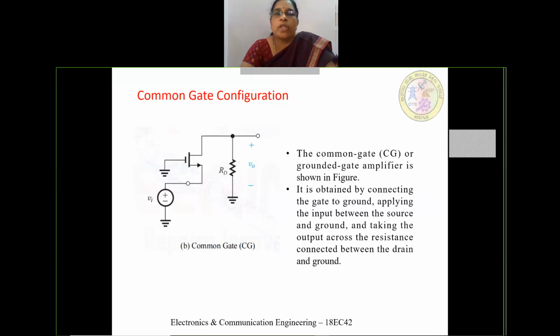Therefore we can now measure input between source and the gate. Just similar to the previous configuration, here drain is still the output terminal. So Rd is connected, and across Rd we are measuring the Vo. So gate is the common terminal. To the source input is connected, and at the drain terminal output is measured. This is the second configuration.